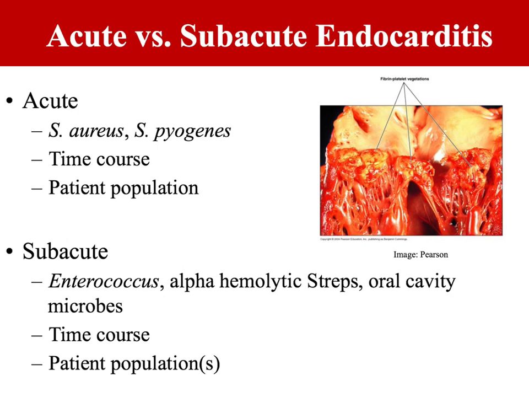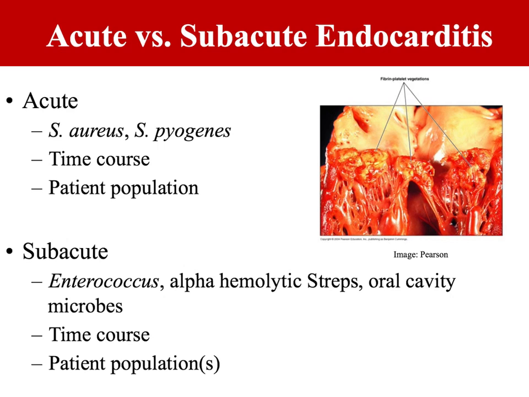If you're looking at a clinical time course to decide whether this patient is acute or subacute, you obviously want to look at the duration of symptoms in addition to the severity. So for acute endocarditis, you might have a patient come into the ER at the end stages of disease, or a patient come in with a high fever where something acute is clearly going on, or a patient in the ICU starts developing a high fever, and by the time you sort out that yes, they've got acute endocarditis, they're on a very fast downward spiral.